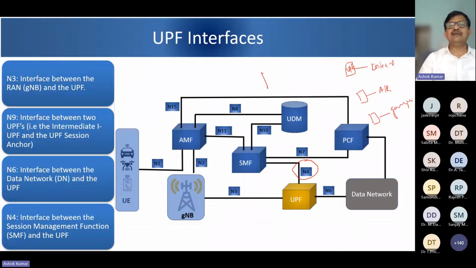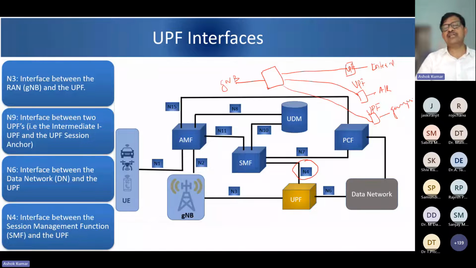So there will be a UPF in the chain coming from the gNodeB, and it will do the branching of the different services to the respective UPF. It is not necessary that I connect all services to a single UPF. I can use multiple UPFs for connecting to different outside networks, and there can be an intermediate UPF to route the call of the user to different UPFs in the network. So in this case, I have an N9 interface here. That is one of the requirements. Is it clear to you now?